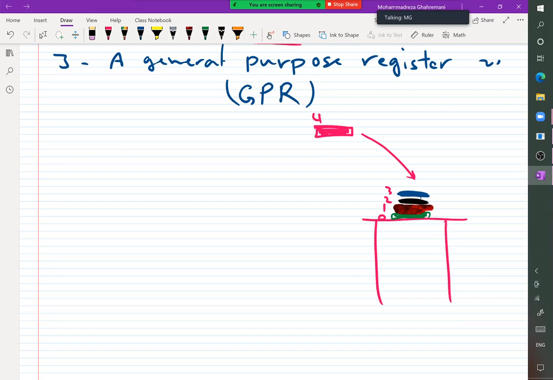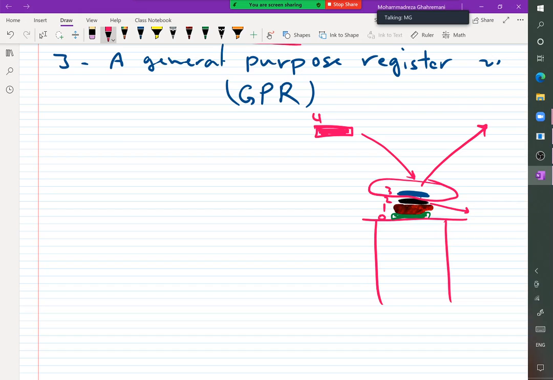And when we want to take a book, let's just say that we are not going to study the green book, we need to take the top book first. Even if we want to access the black book here, first we need to remove the top book, the blue book, and then get access to the black book.